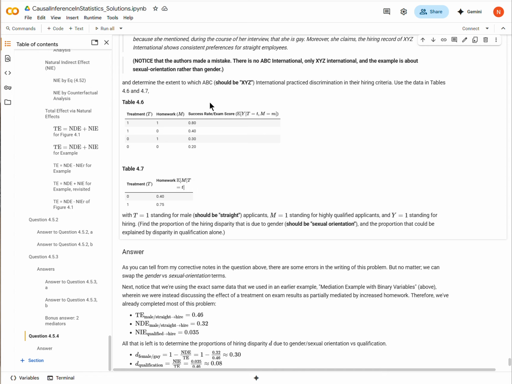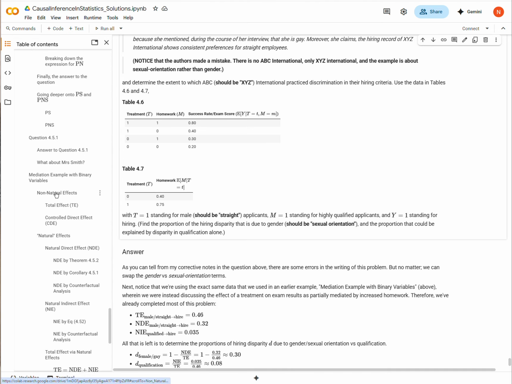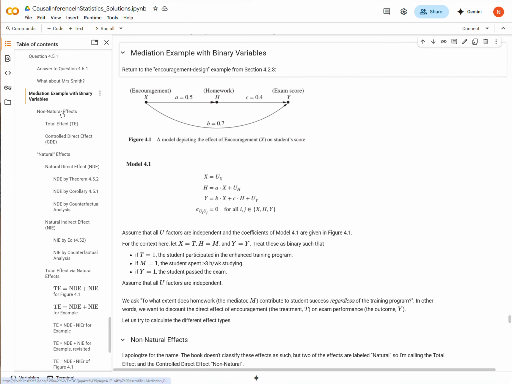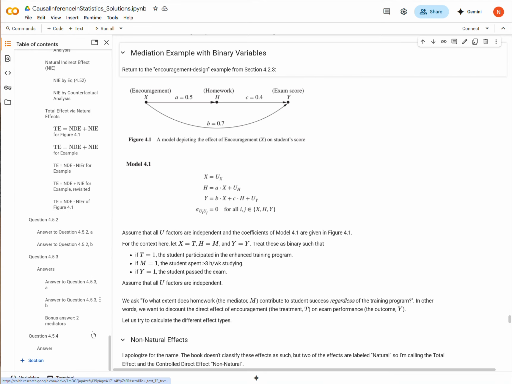In order to do that, we need to know a few things: the total effect, the natural direct effect, and the natural indirect effect. These are all things we've already discussed, particularly in depth in the mediation example with binary variables.